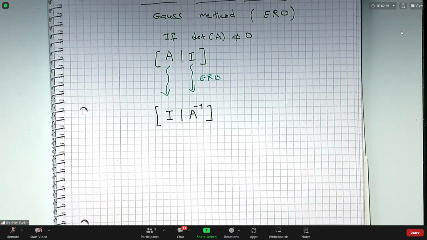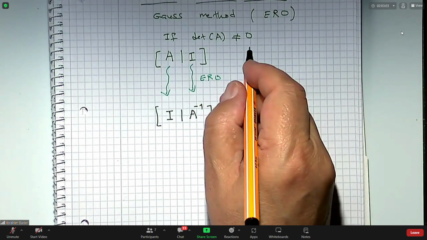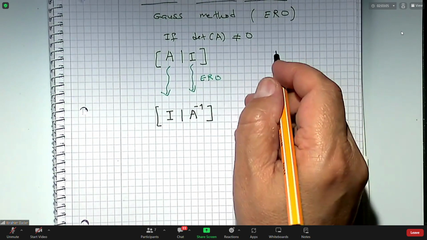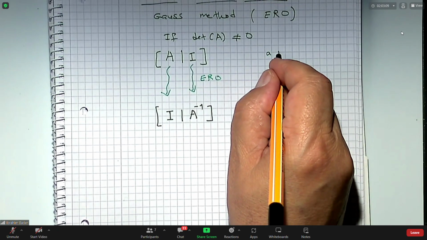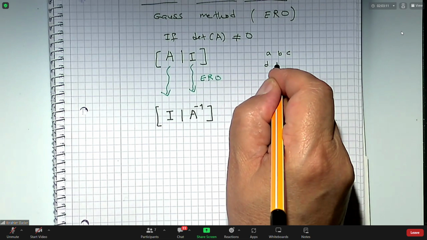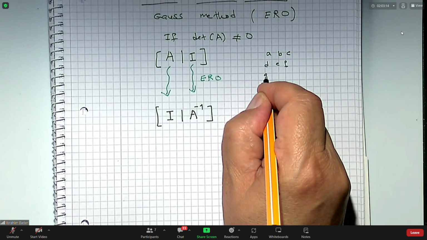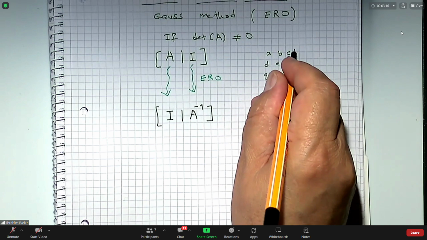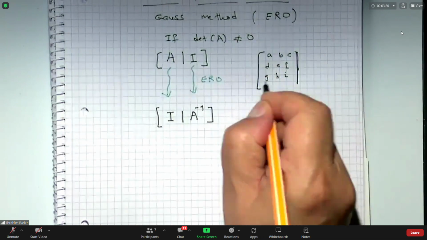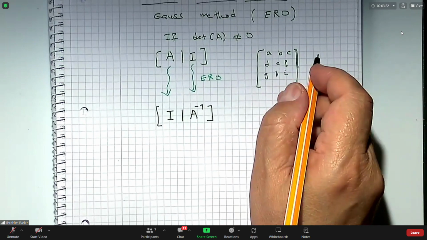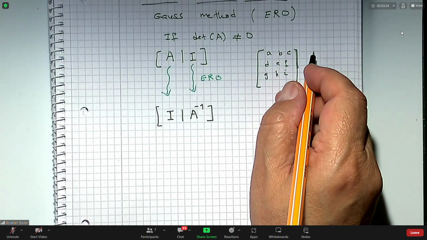Now this step here, I will just try to simplify for you. If we are talking about 3 by 3, let's assume A is the matrix that has a, b, c, d, e, f, g, h, i. Let's say this is the 3 by 3 matrix I want to evaluate the inverse for.